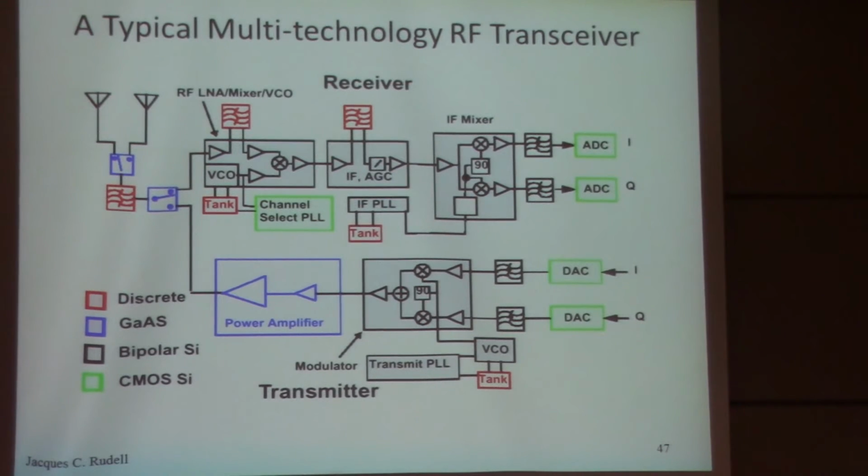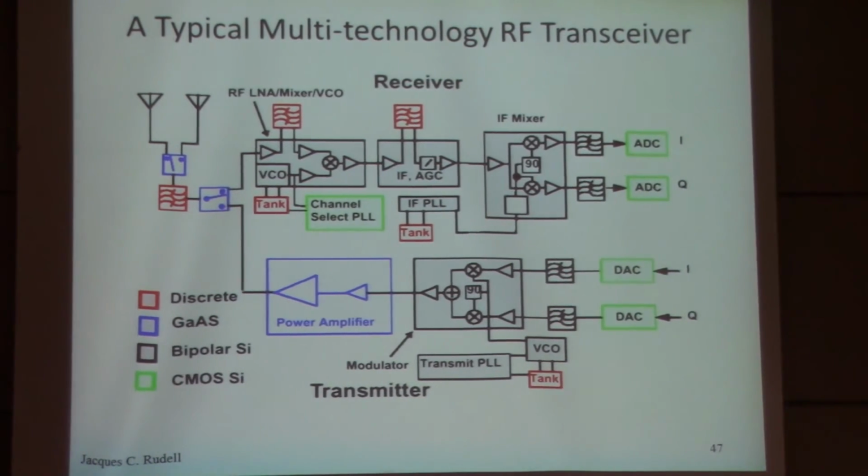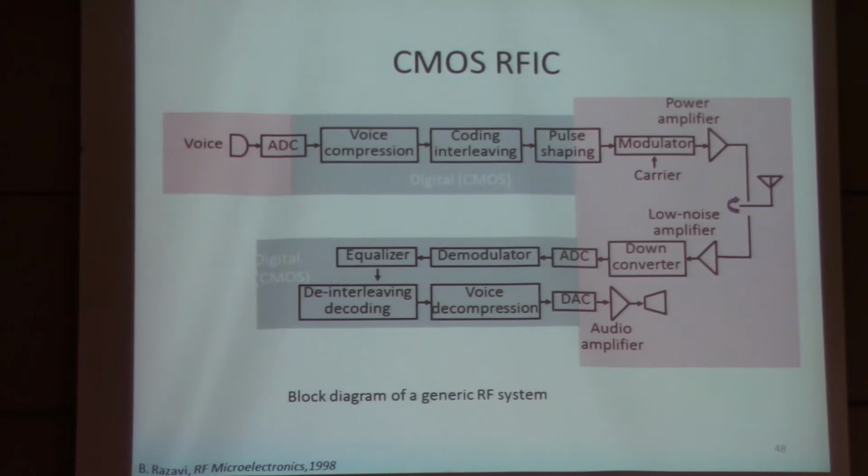With these components, yes, you can build the circuit modules, and you put the circuit modules together to build the systems, to build the transceivers. And yes, if you use CMOS circuits only, you can integrate the digital part and analog part together.